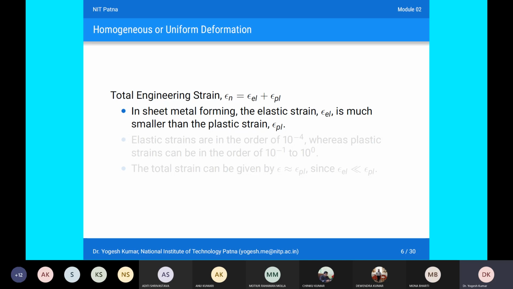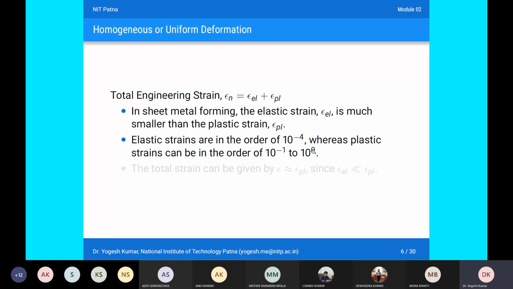Why do we only consider plastic strain? Let me elaborate more. The elastic strains are in the order of 10 to the power minus 4, whereas the plastic strains are in the order of 10 to the power minus 1 to 10 to the power 0. So you can see there is a huge difference in the order of elastic strain and plastic strain.